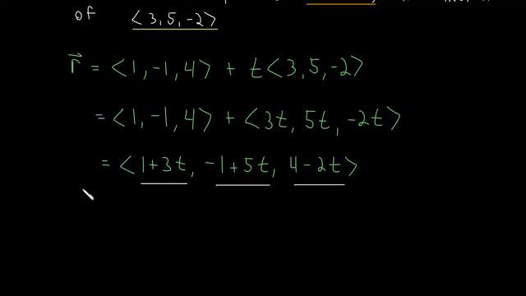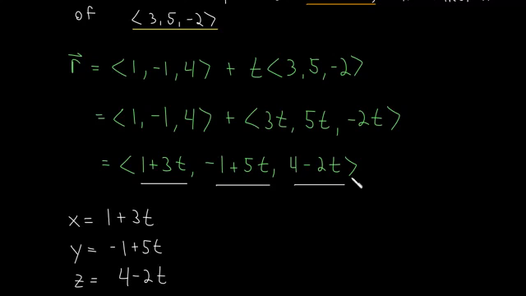And so we can convert this to a different form of the line, where we just say every point on the line, the x value of the point is the x component of our position vector, the y value of the point is the y component of the position vector, and the z value of the point is the z component of the position vector.